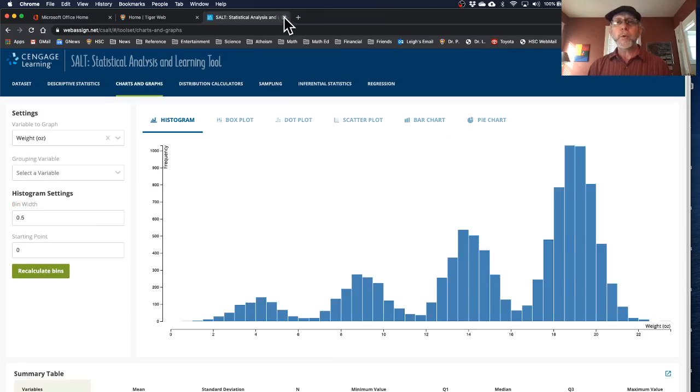Let me show you another example of the same basic phenomenon, but this time with a very different population. This is a population consisting of 10,000 weights in ounces of fruits. There were 4 different types of fruits among these 10,000 samples, so that's why you see the clustering of the data here.